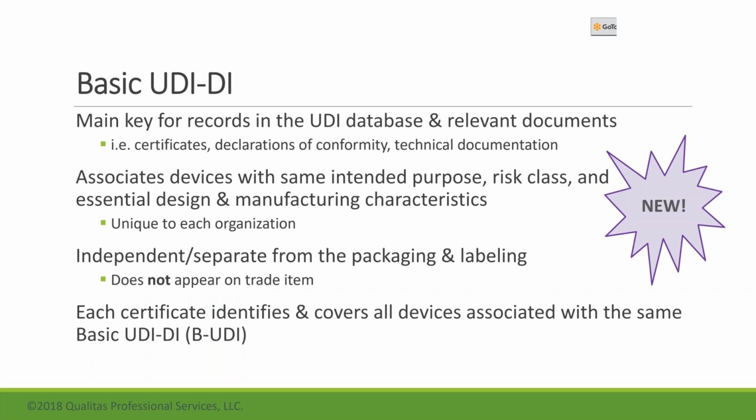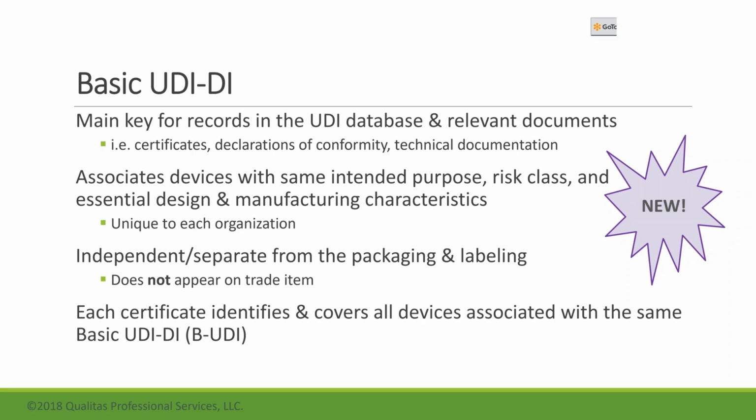And the way that it's written in the MDR, it was written by legislative people, regulatory people. It wasn't written by people that really have to apply UDI, so it's a bit confusing. But it's really the main key for records in the UDI database and for relevant documents.